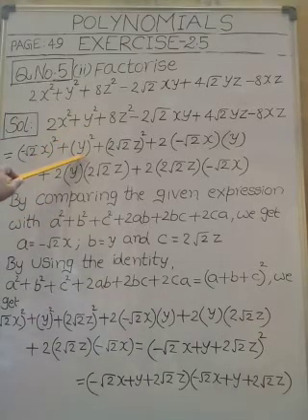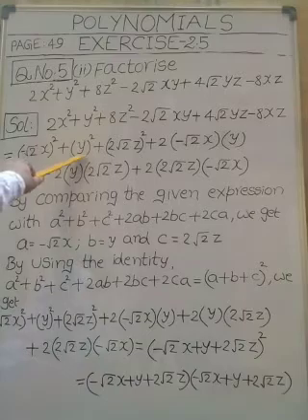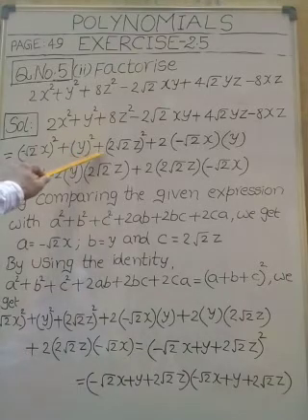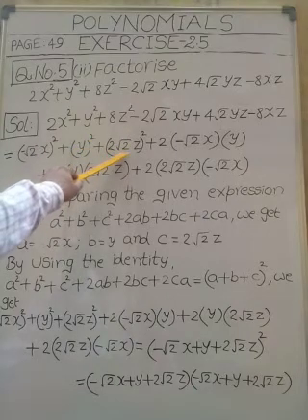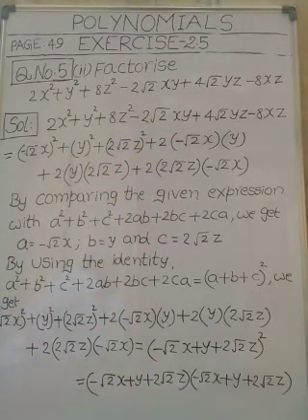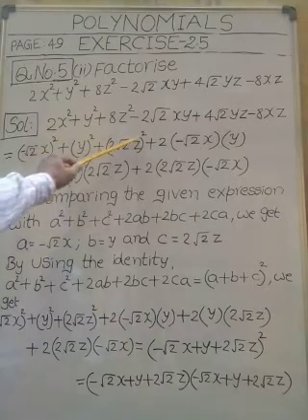The second term is written as y whole square. This is the simple part, we can write easily. Plus 8z, we can write this term as 2 root 2 z whole square. I wrote the third term as 2 root 2 z whole square. Okay, my children, this is a square plus this is b square plus this is c square.